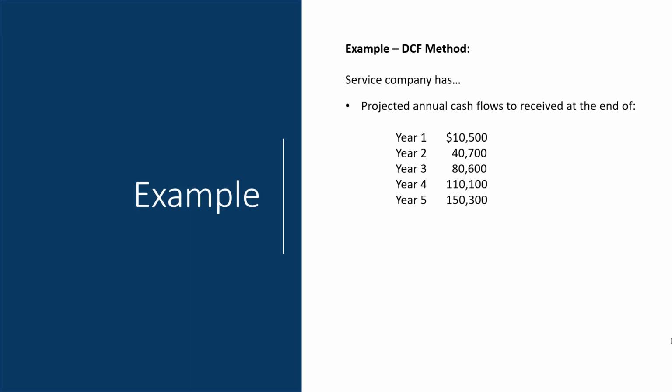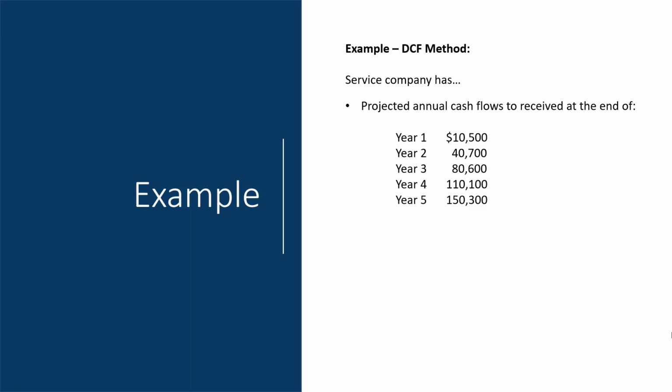In year two, the cash flows for this example were $40,700. Year three, $80,600. Year four, a little over $110,000. And year five, a little bit over $150,000.